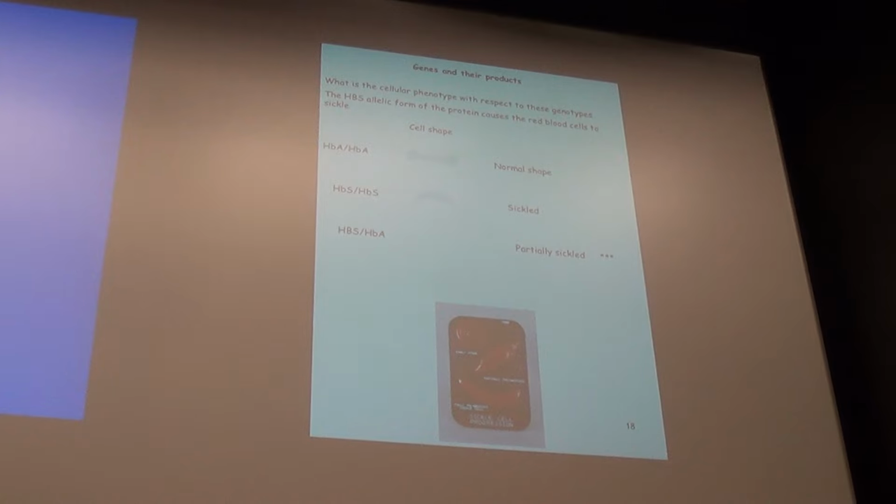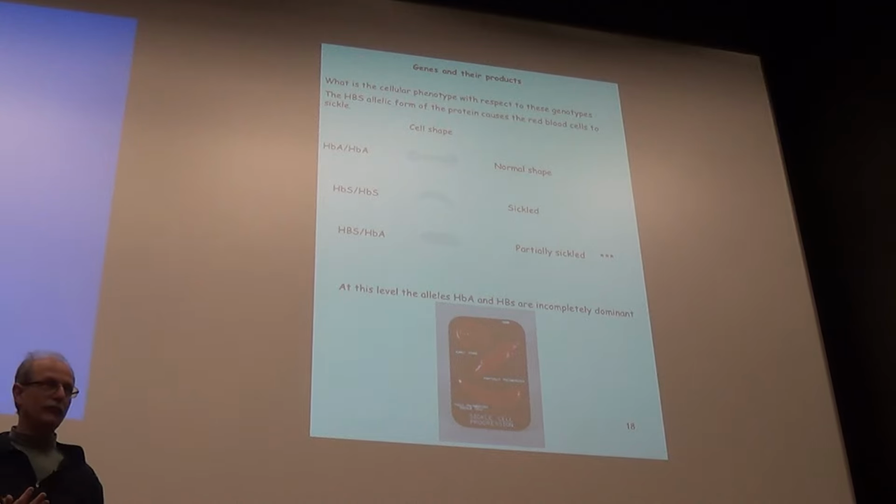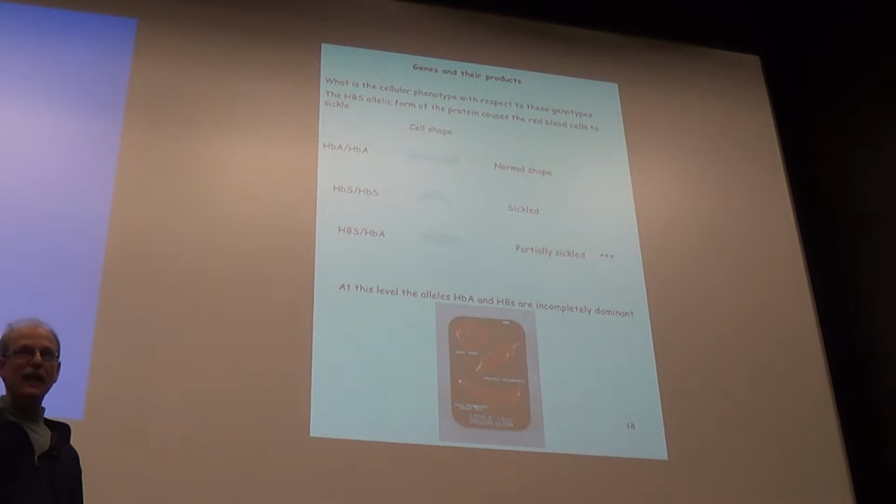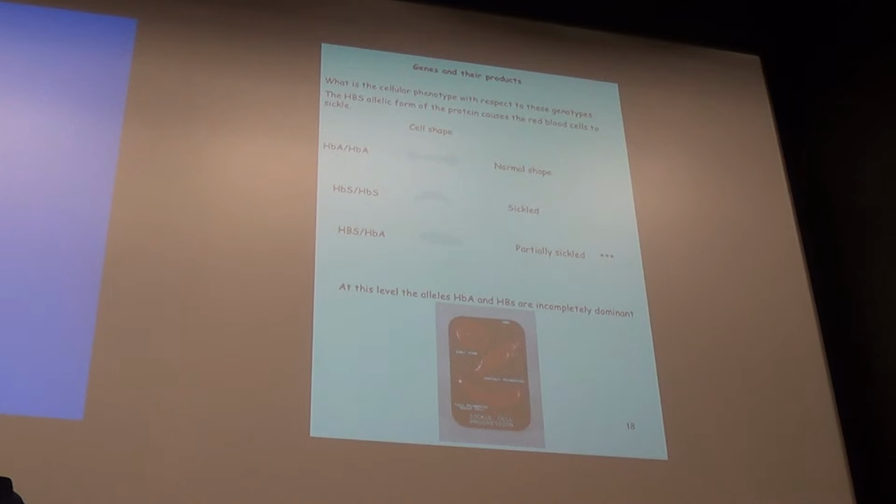You're kind of circular, but you're not. You're kind of in between the two phenotypes. And so what you end up with at that point is that you are incompletely dominant. So at the level of the cell, if you analyze it, the sickle cell allele is an incompletely dominant allele.